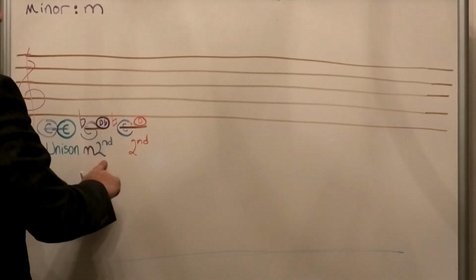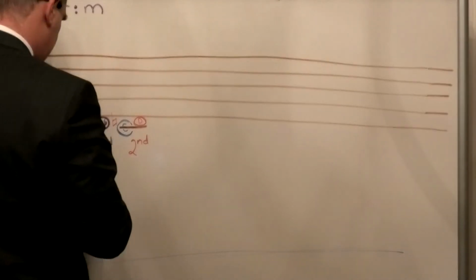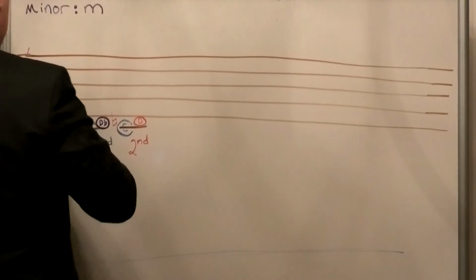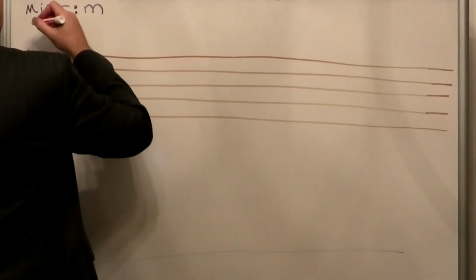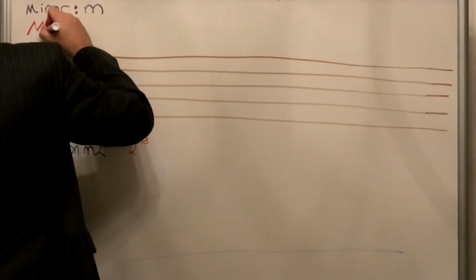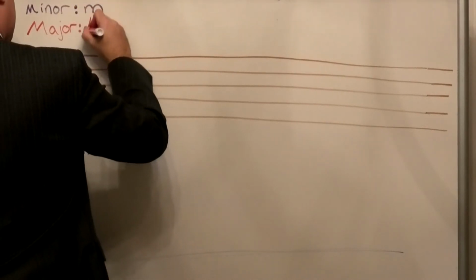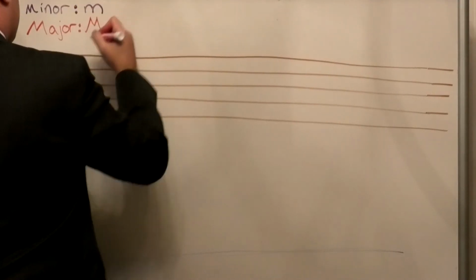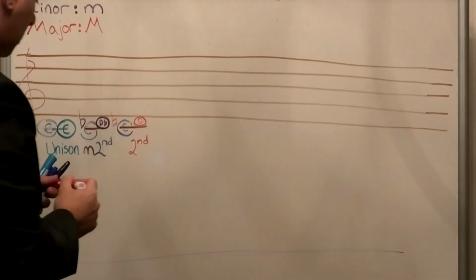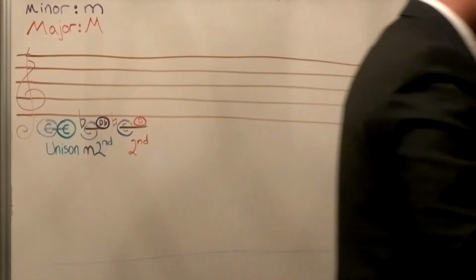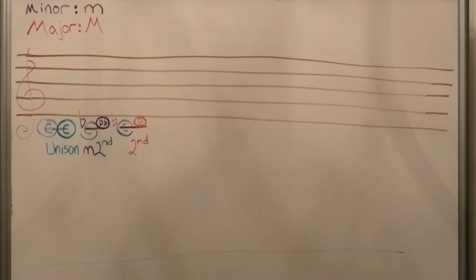That's a minor second. We're going to use a capital M to denote major. I'm using colors as well to make it easier to see. That's just my thing. The colors. So we have a unison and a minor second and a major second.